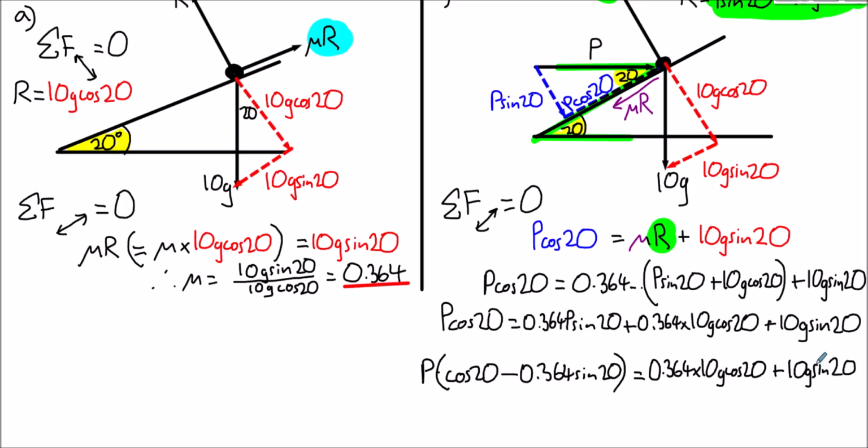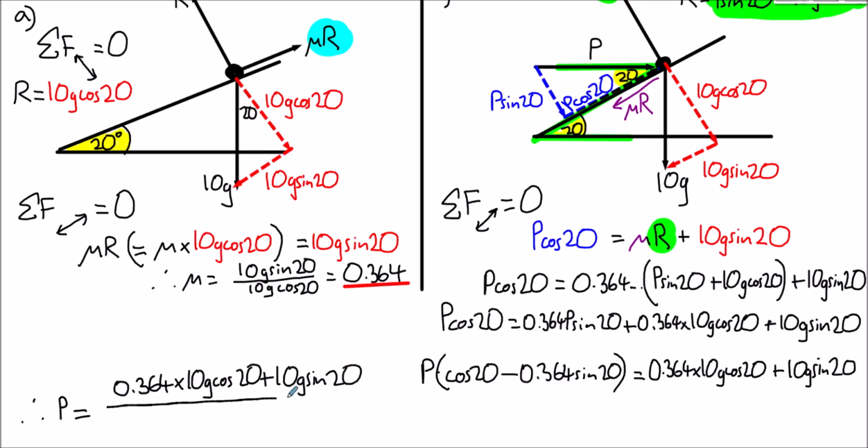Now we're nearly there. Finally, if we divide both sides by this beast here, P will be 0.364 times 10g cos 20 plus 10g sine 20, all over cos 20 minus 0.364 sine 20.